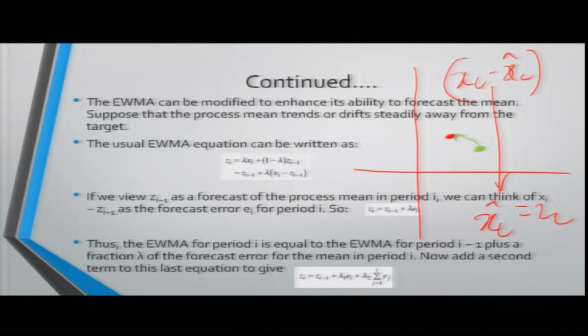This difference is epsilon, the error for the ith time period, and it would be weighted by lambda. So, zi would be found by zi minus 1 plus lambda weights going to the error, which is epsilon i or ei. Thus, the EWMA for period i is equal to the EWMA for period i minus 1 plus a fraction lambda multiplied by the error term.